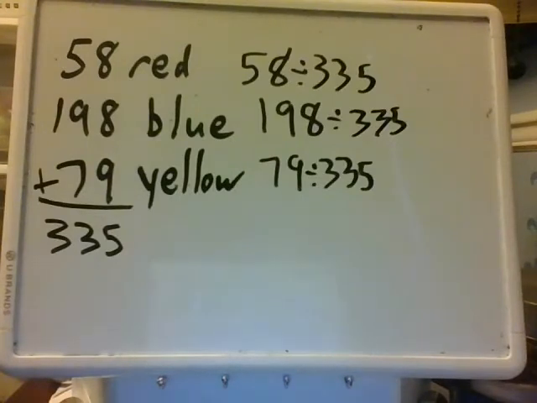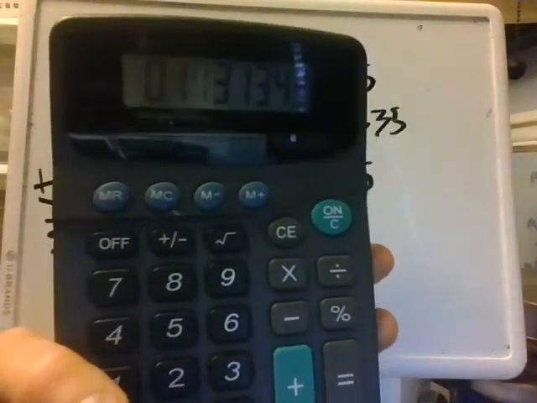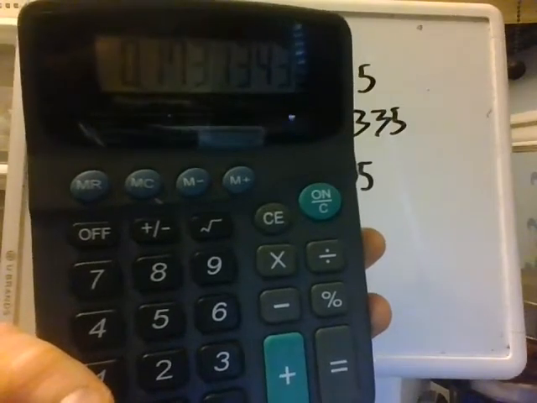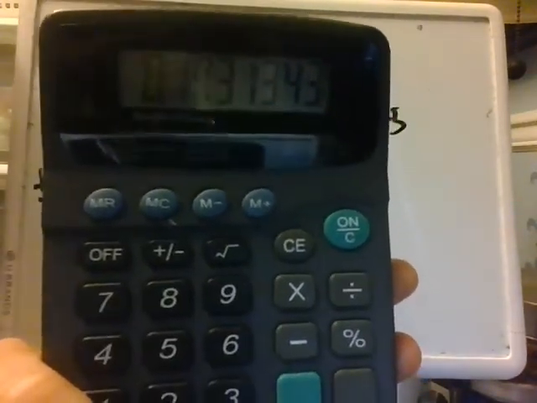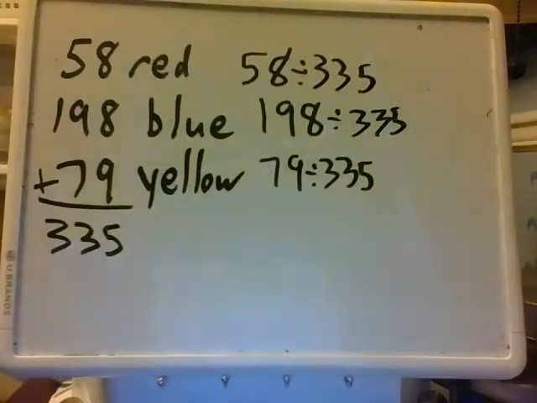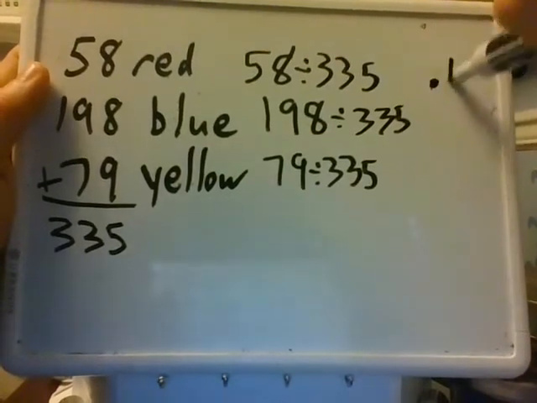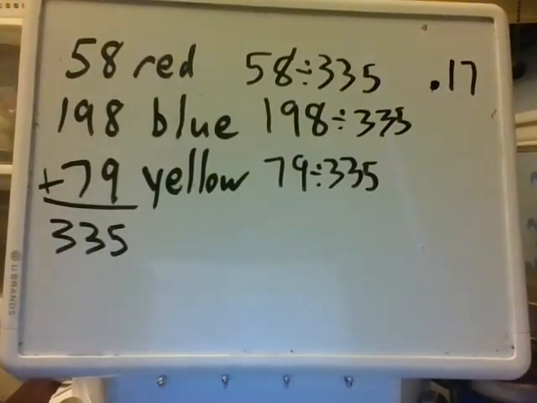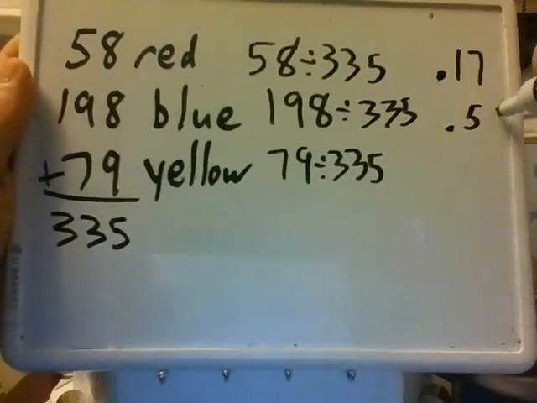Our first one, I did this on my calculator. It comes out to 0.1731, so we're going to round to the nearest hundredth, which is like the penny. The 3 does not round the 7 up, so this is 0.17. Then 198 divided by 335 is 0.591 and so on, so just 0.59.